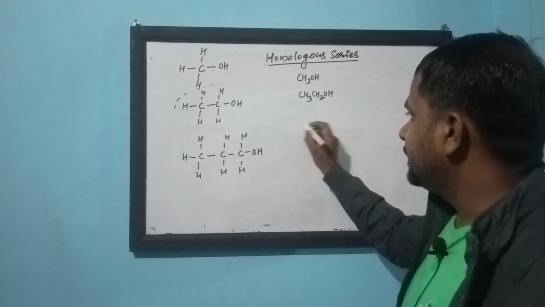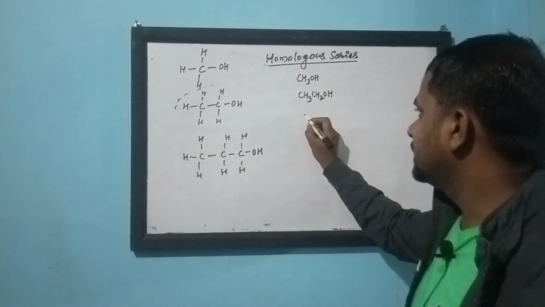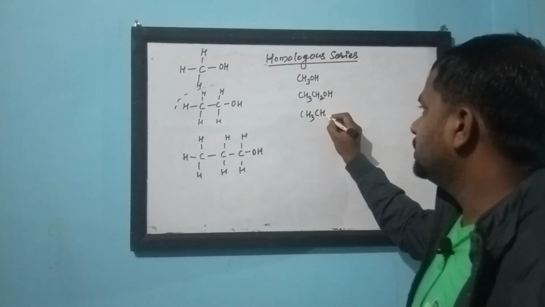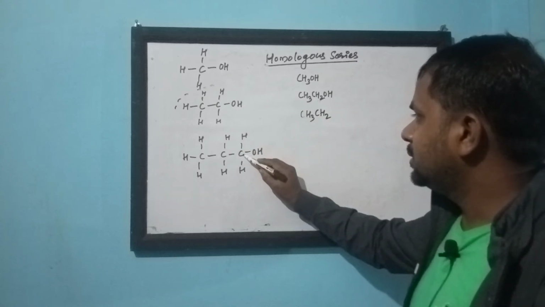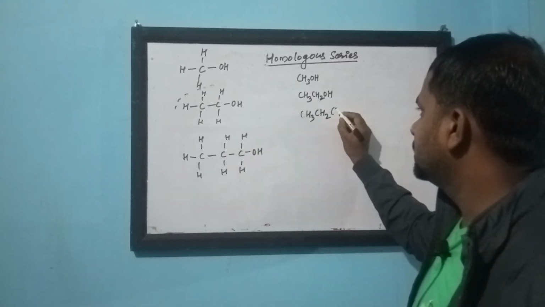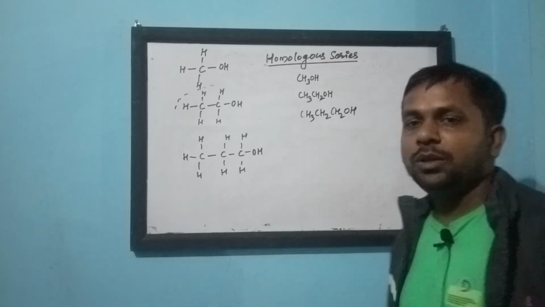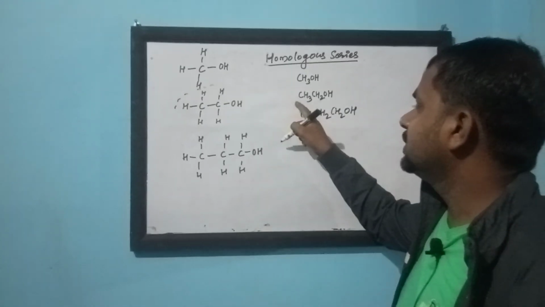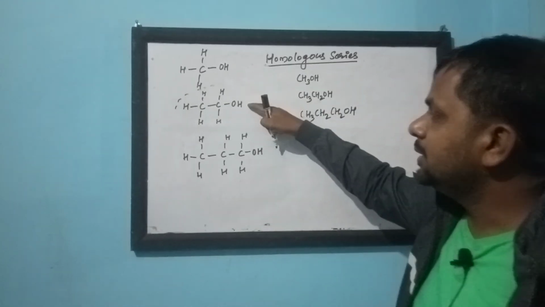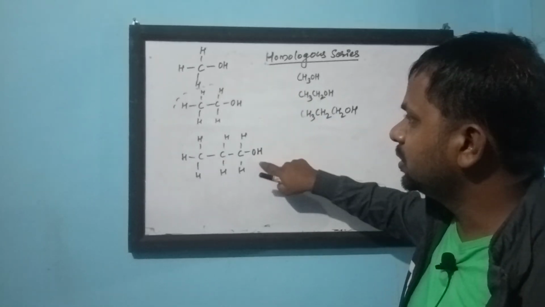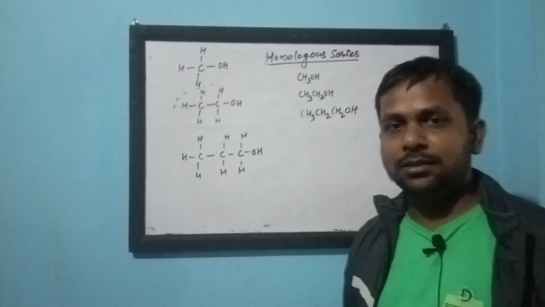This will be written CH3, this CH2 and here also CH2 and here OH. When we compare this compound and this compound, this is more by a CH2 group than this.